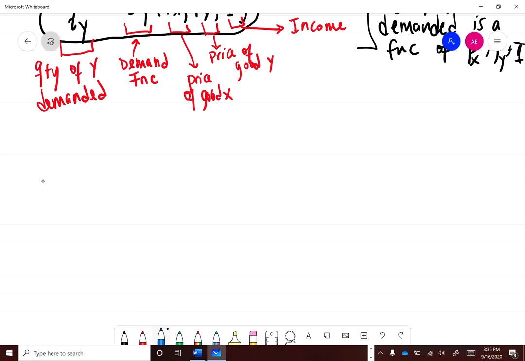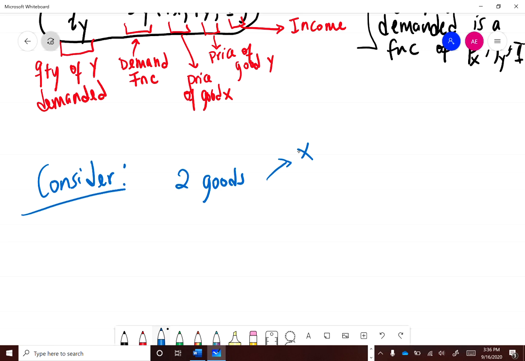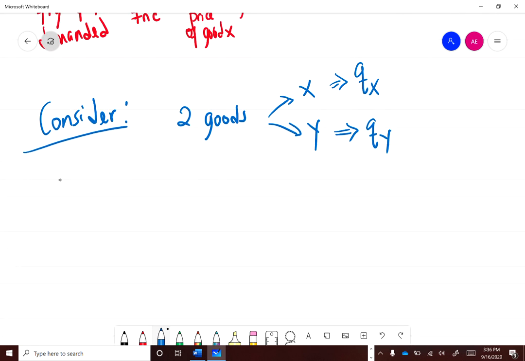All right, so consider this. We have two goods, right? Good x and good y. And so we choose quantity x of good x and quantity y of good y. We also have a utility function. This is very important because remember, we're considering the consumer's optimization and they want to optimize utility, happiness, given their budget constraint.